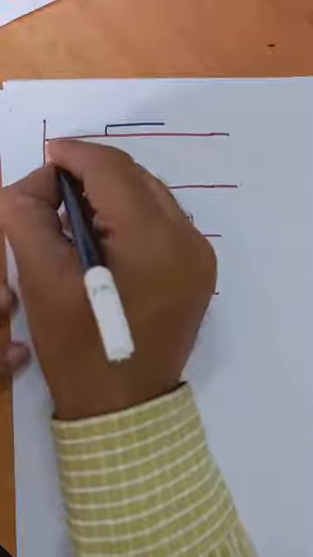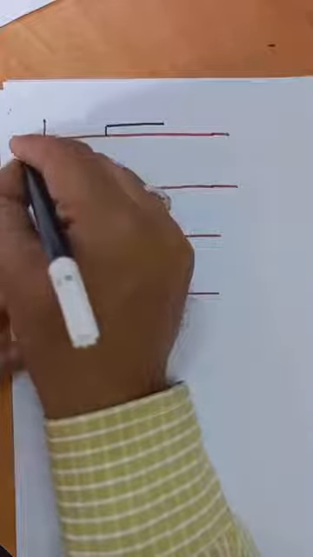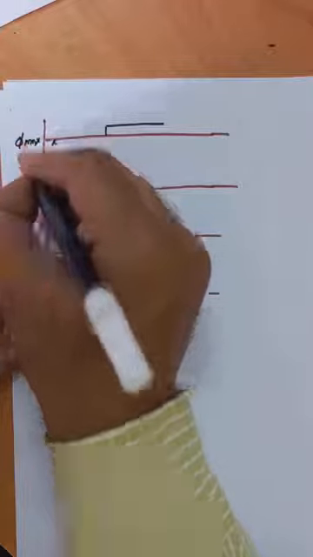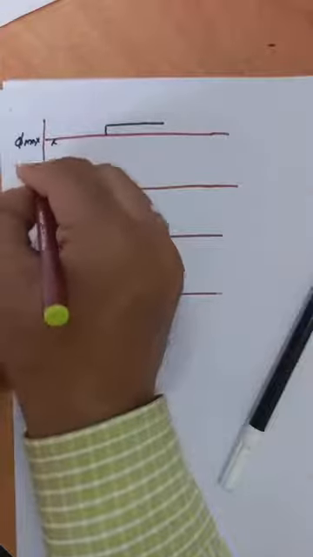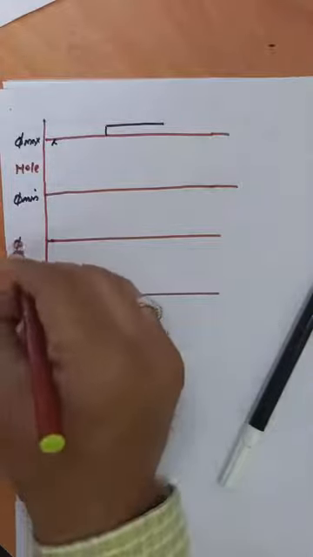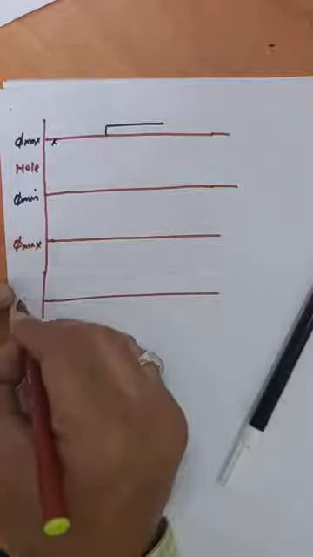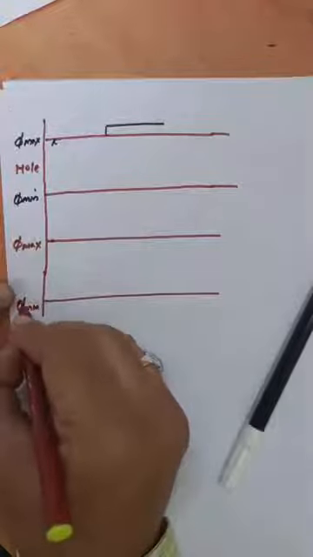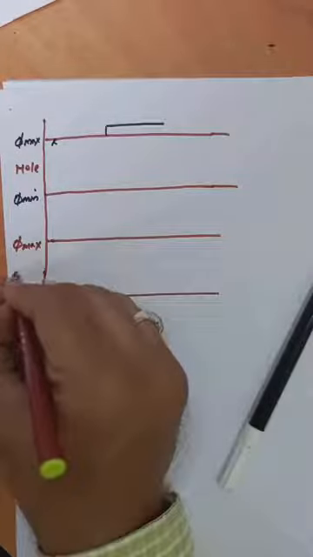This is the maximum and this is the minimum for the hole. This is the maximum and this is the minimum for the shaft.